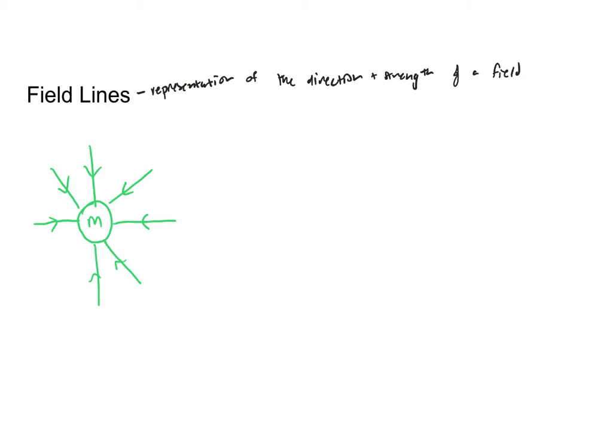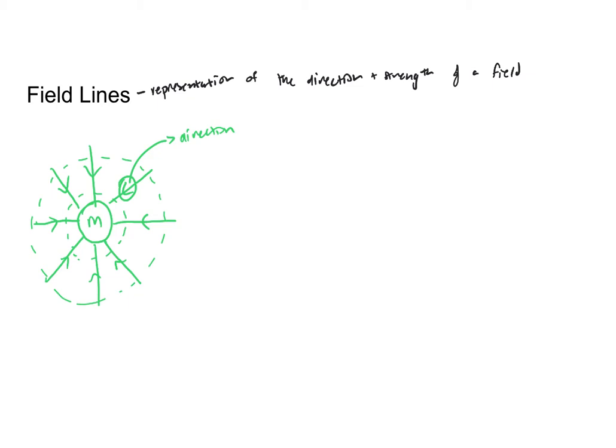And you can see that as I get closer to the object, my field is stronger. As I move away, my field is getting weaker. So I represent the direction of my field with the direction of the arrow that I draw on my field lines.